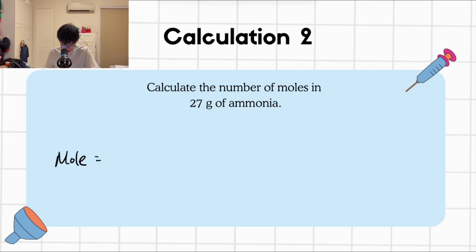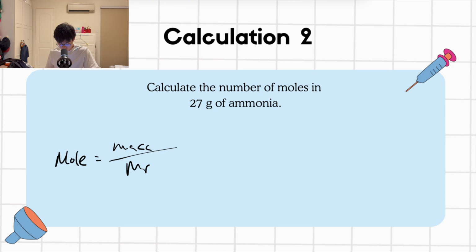Mole equals mass over MR in this case, because we're thinking about molecules. We don't know the MR of ammonia, as there's no information about that in the question. However, we're able to derive it from the periodic table.